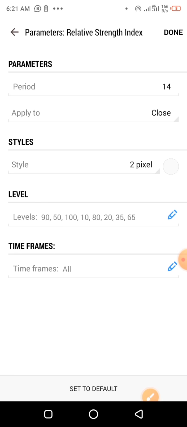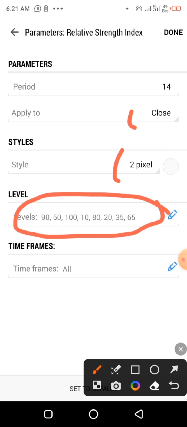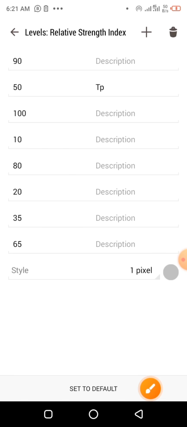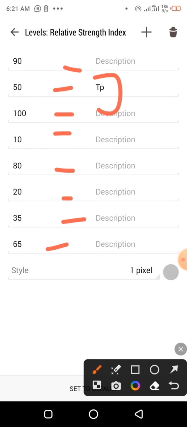This should be your parameters: your period is 14, apply to close, and use all these levels right here: level 90, 20, 50, 100, 10, 80, 20, 35, 65.